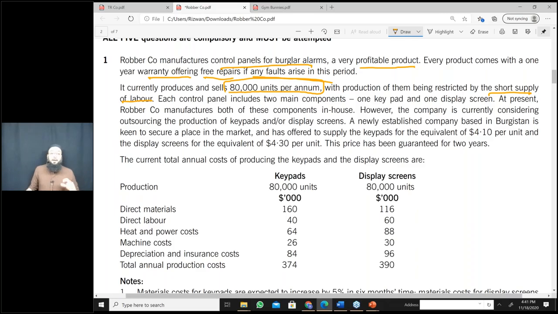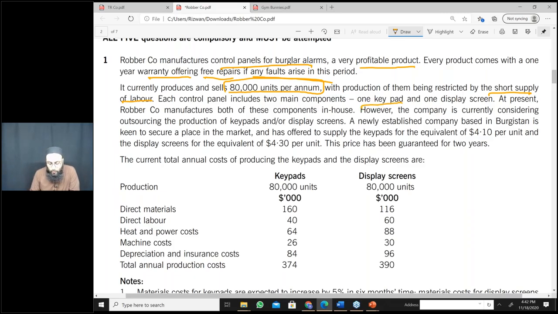Oh, there is a short supply, but later on you found out that requirement B was with limiting factor and requirement A is without limiting factor. So that is the beauty of reading requirement first, so that you are able to understand what exactly is required in the question.